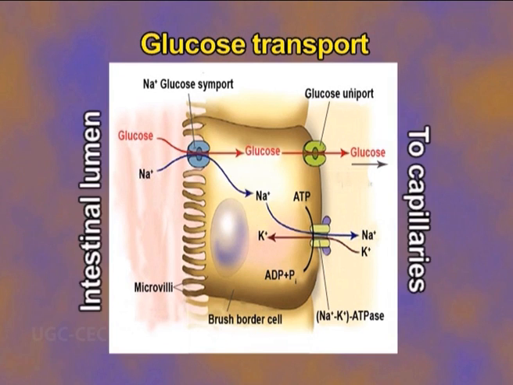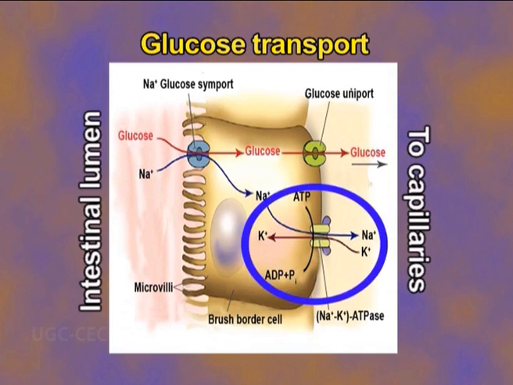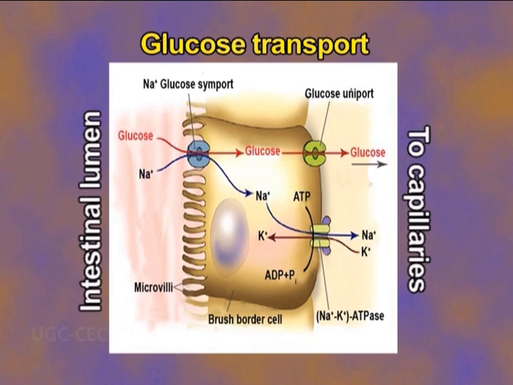Of course, the sodium that enters the cell with glucose in this way is pumped out again by the sodium potassium pump after expenditure of energy stored in ATP. In a sense, the sodium potassium pump is responsible for this active transport of glucose because it maintains the electrochemical gradient for sodium that makes glucose transport possible.